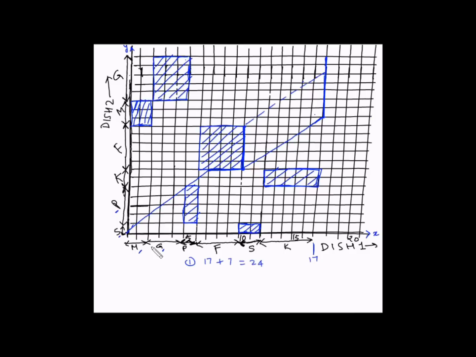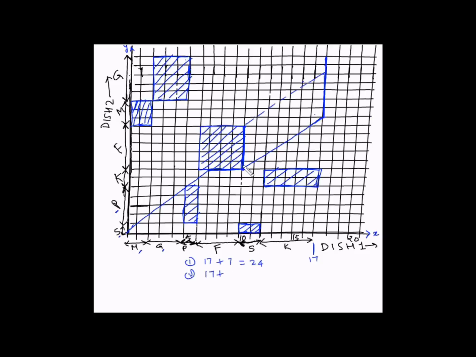The second path, which again starts from the origin, goes at 45 degrees angle, and then goes horizontal along the rectangle for F, then goes vertical, then again at 45 degree angle, and then vertical again. So for this also we have the horizontal distance as 17, and let's add the vertical distance.